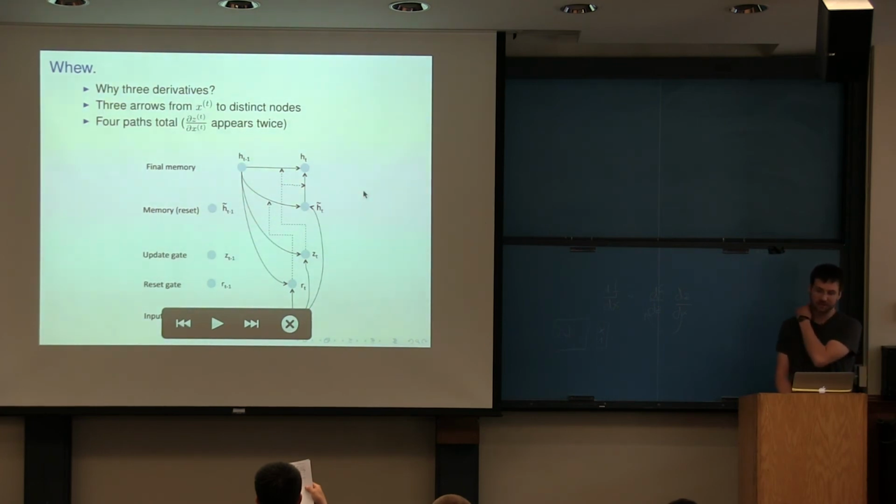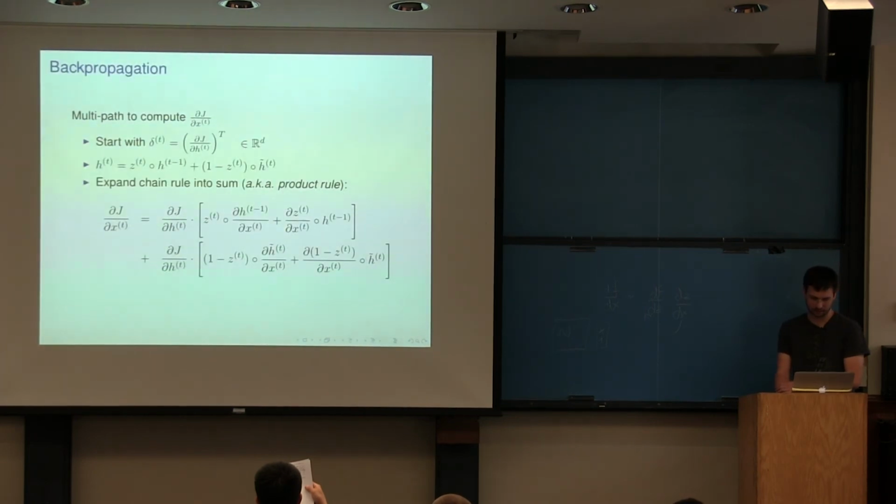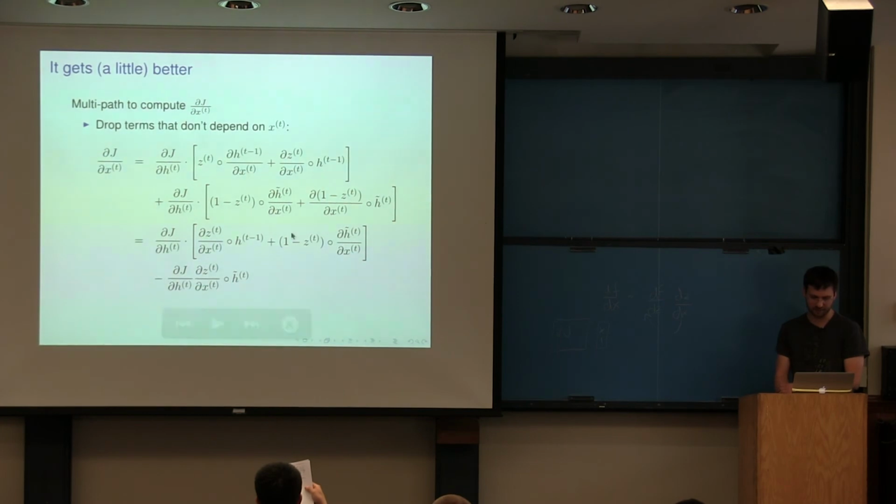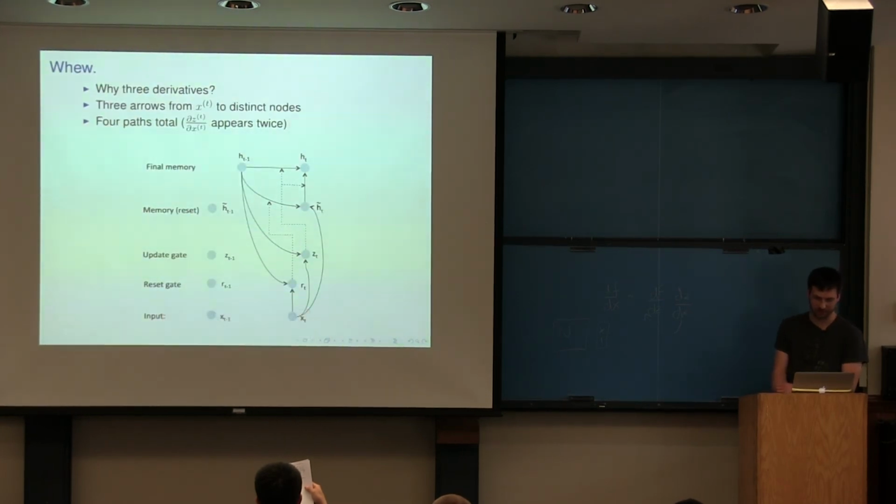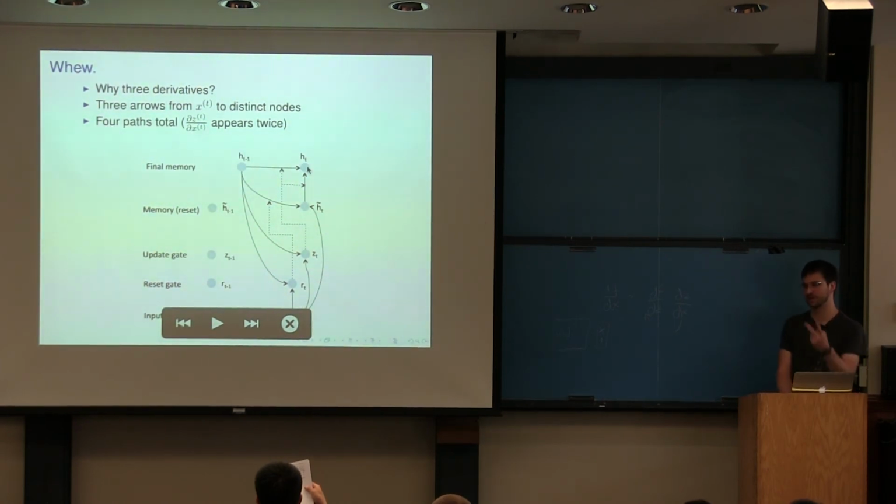And it turns out that if you remember back from a few slides ago, we have dz dx appears twice. If you look at this graph, you can see that there's this path split. So if you go from X to Z, there's two places where information comes in and influences the output.